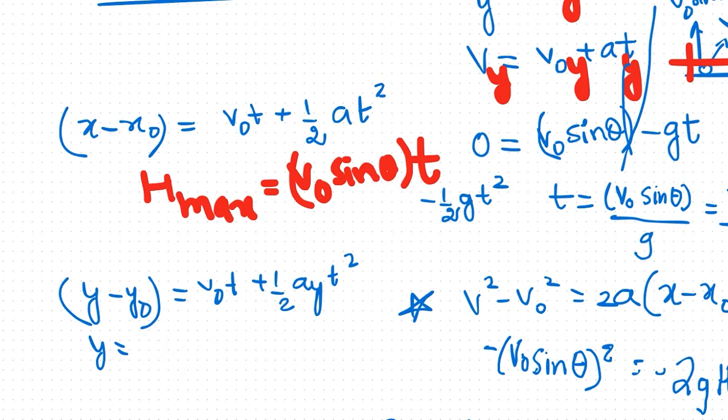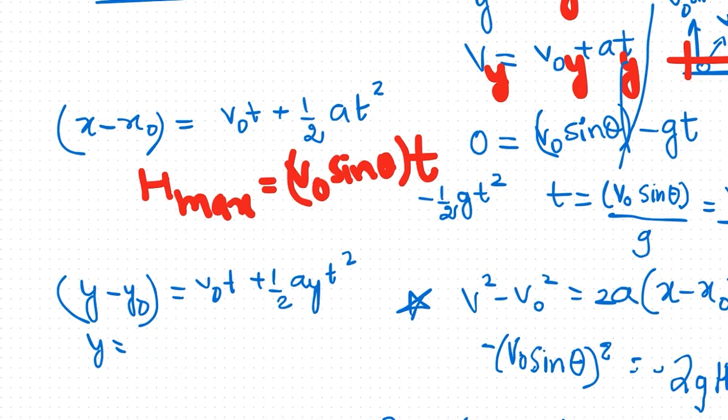Something into t minus g by 2, some number, into t square. So the y versus t graph will be a parabola. Upward or downward? Downward. So inverted. So this is the path.